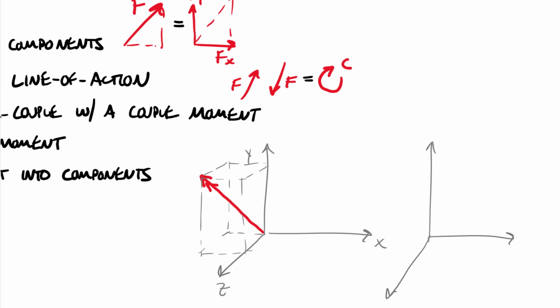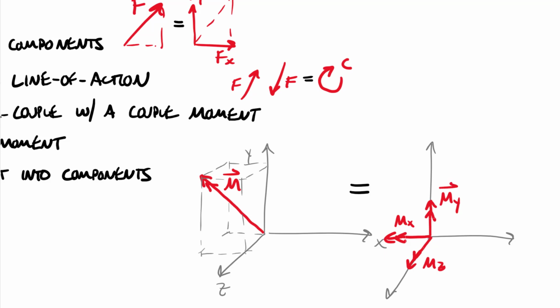So here would be our M sub y. We said that the M sub x is negative, so here is our M sub x, and a positive z, M sub z. So as long as we scaled the values of the components to the overall moment vector, we could create this equivalent system.